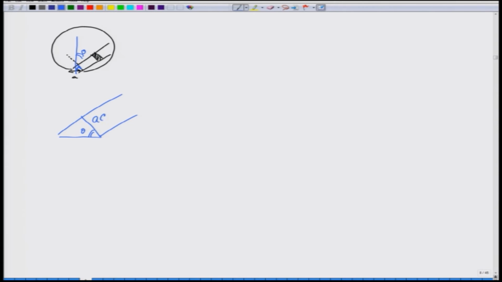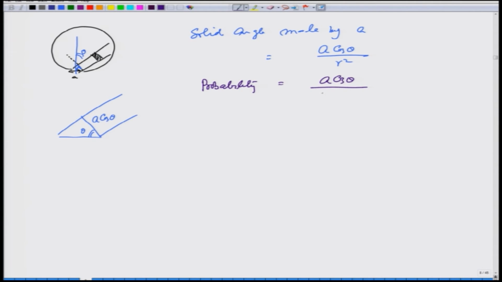So, this is going to be A cosine theta. The solid angle made by A is going to be A cosine theta over r square. So, the probability that radiation comes into this area is going to be A cosine theta divided by 4 pi r square.